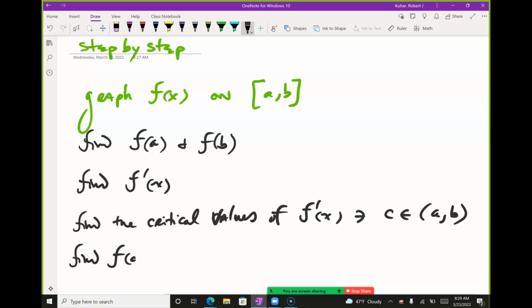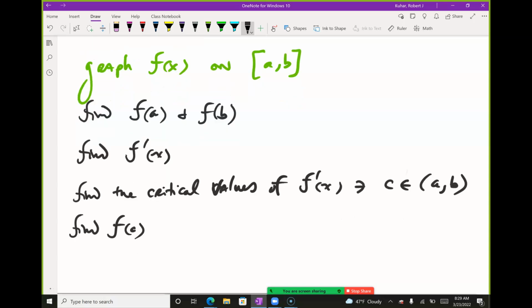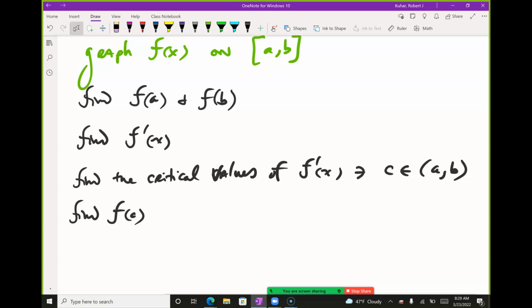Find f of c, right? Update the graph, probably putting the points on. Putting the points on the 83 is not so easy, 83 or 84, but it can be done. And if you practice it enough, it'll be quick. You need the stat menu in the calculator.